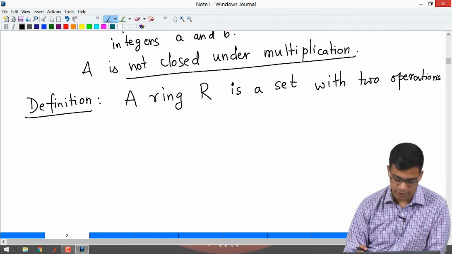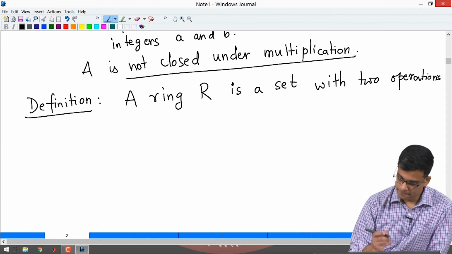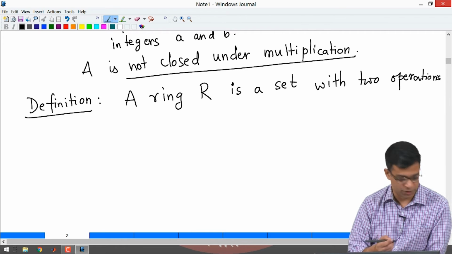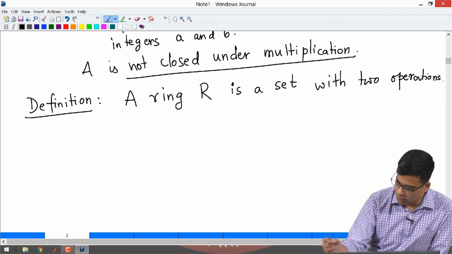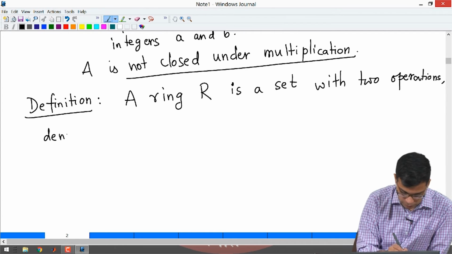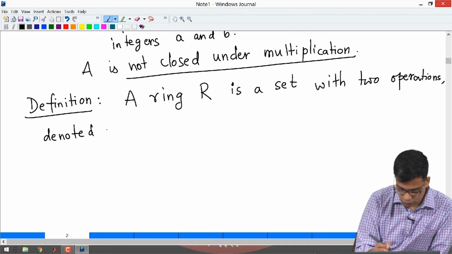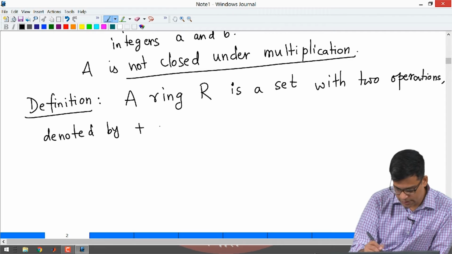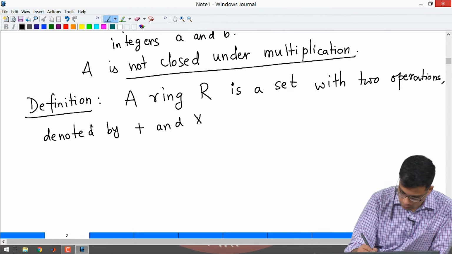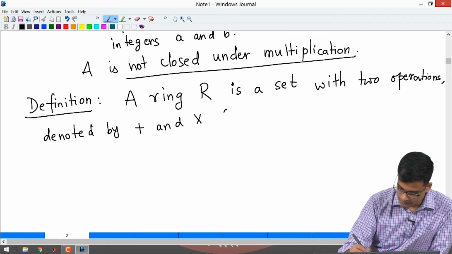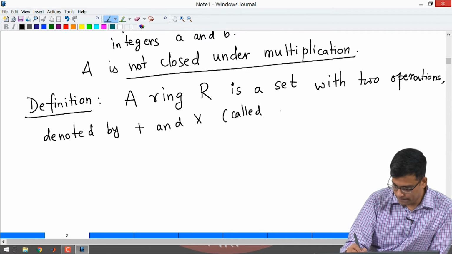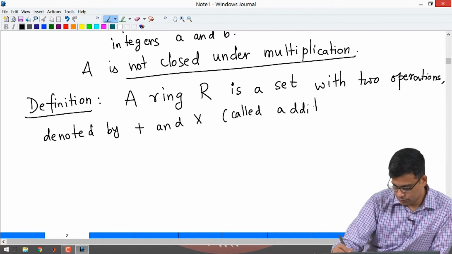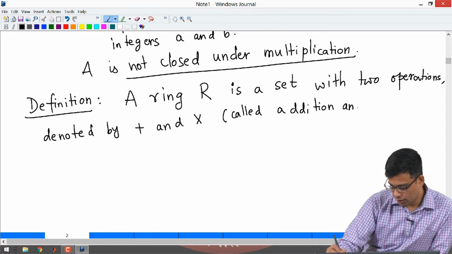A ring R is a set with two operations, or binary operations as they are called, denoted by plus and times. These are called addition and multiplication.